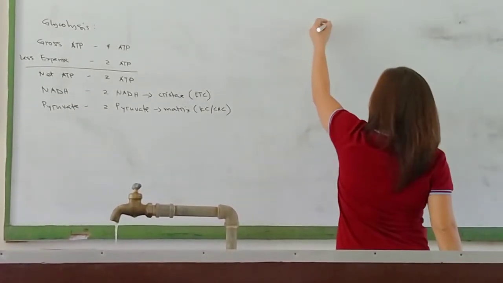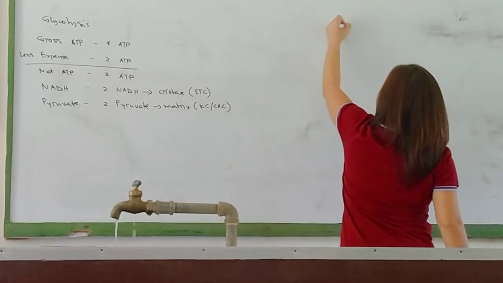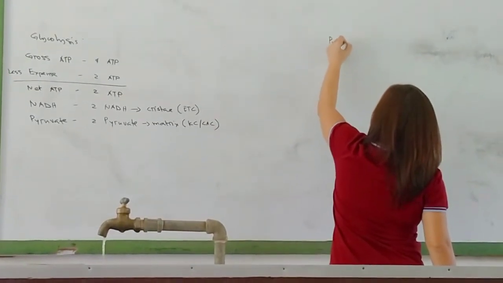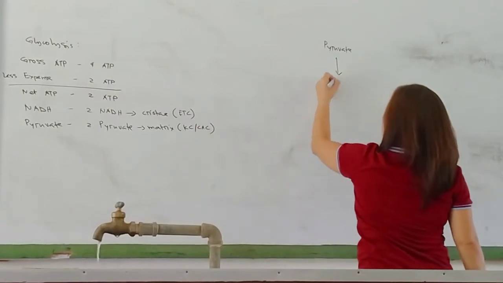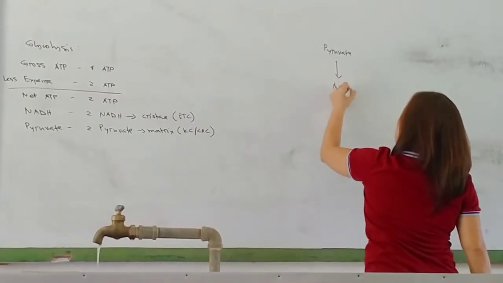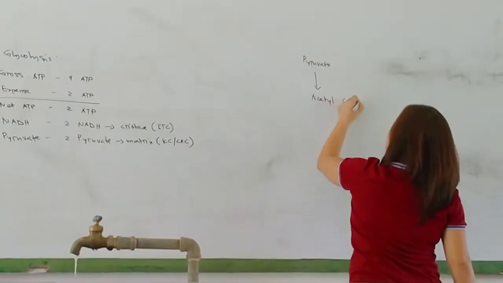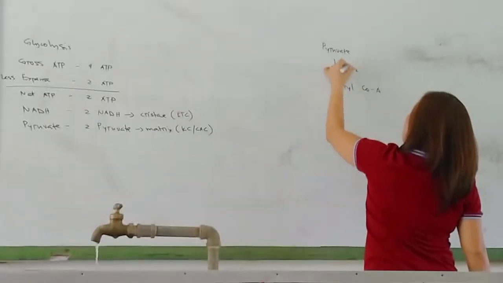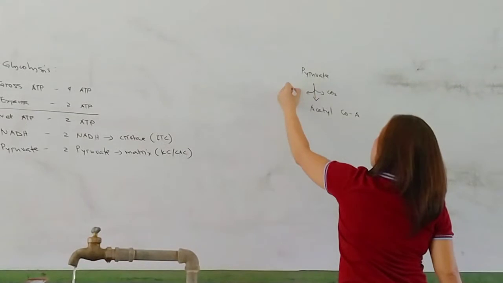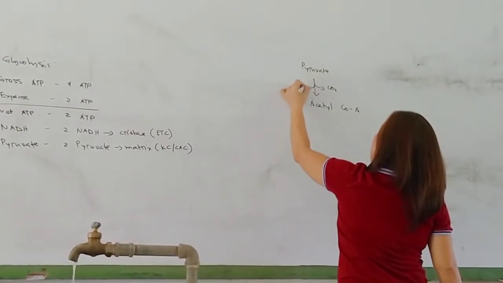Now, we have here pyruvate. So you have Acetyl-CoA and there is CO2 and there is NADH.